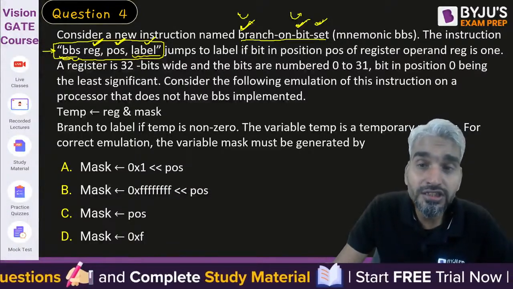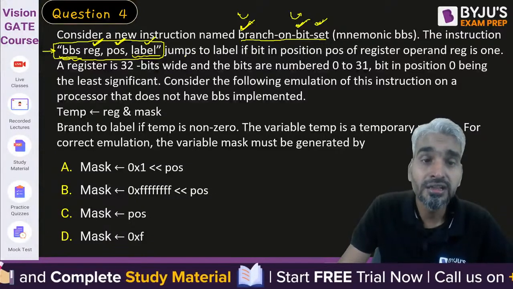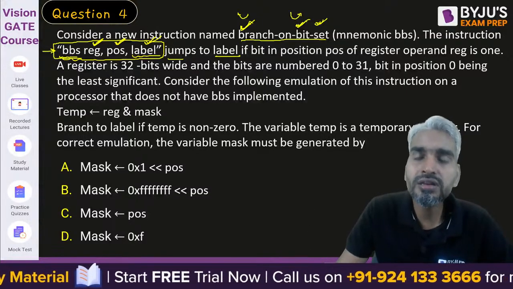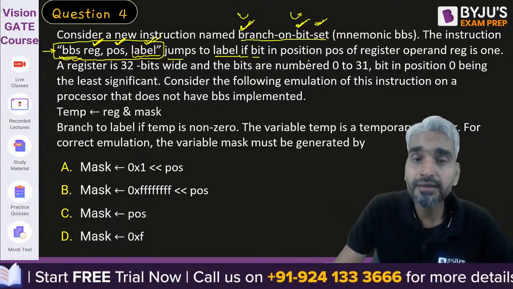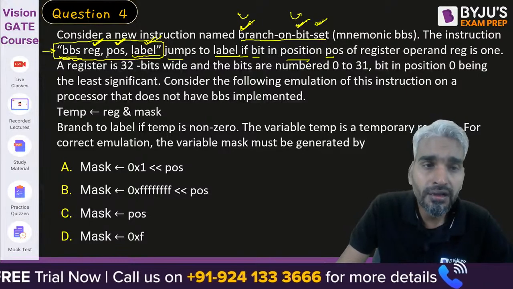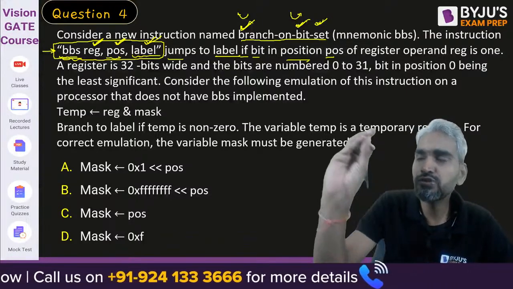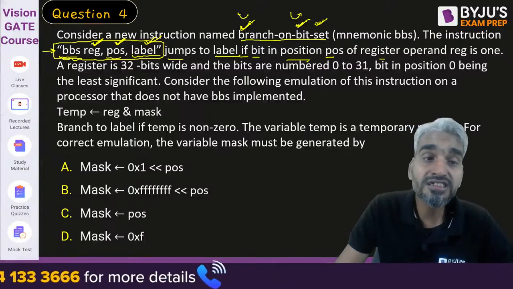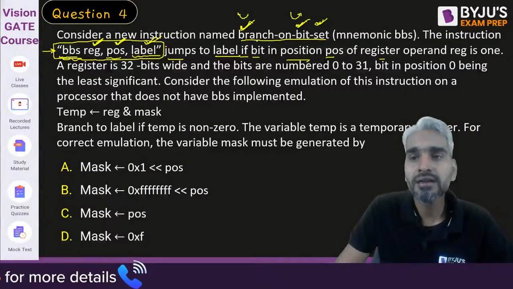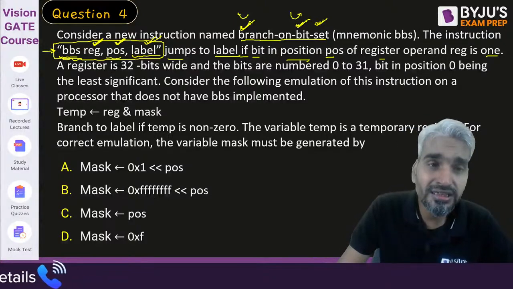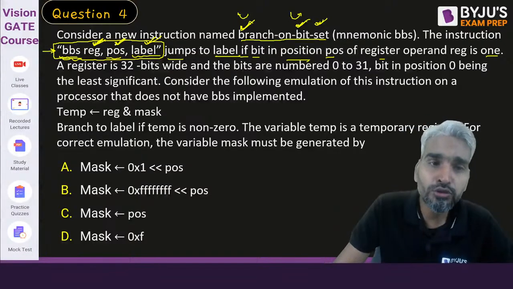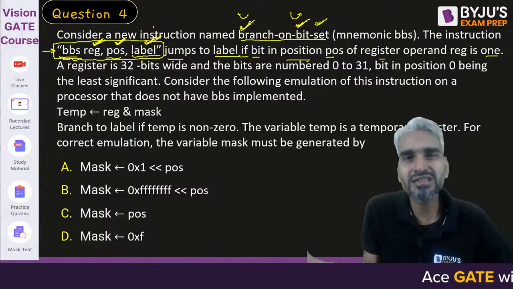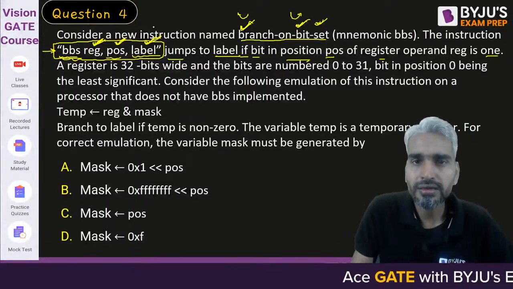The instruction will jump to label if the bit in position pos, which defines a number indicating which particular position we are talking about, of register reg is 1. That's the simple meaning of this instruction, right?